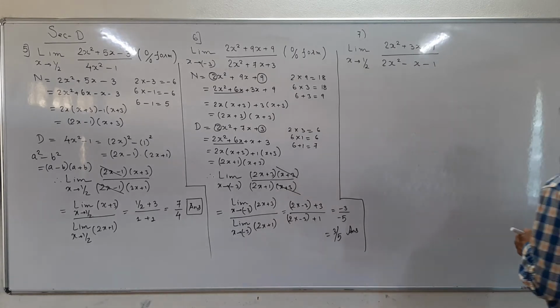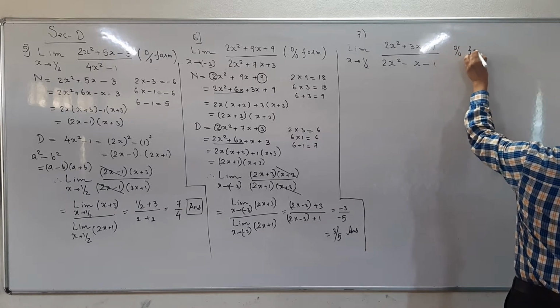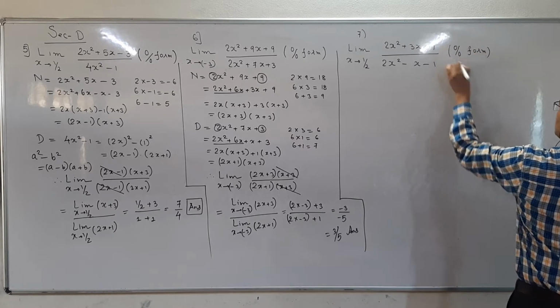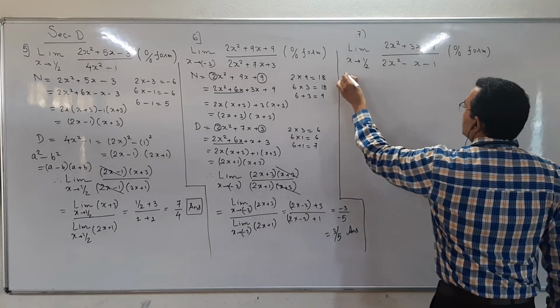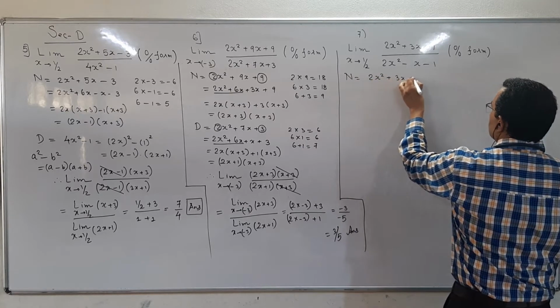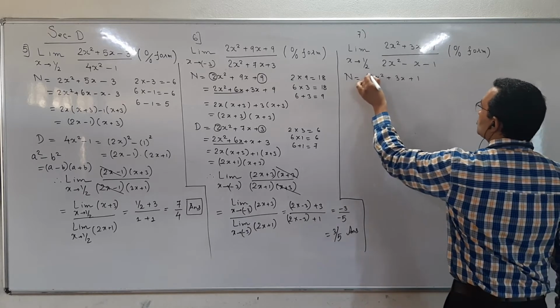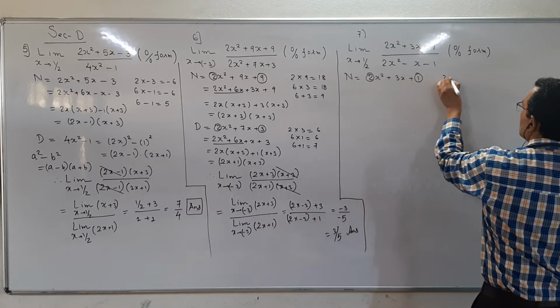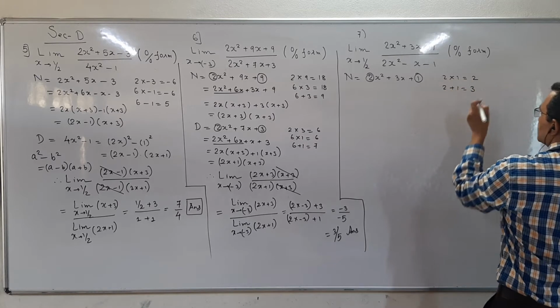Okay, again this will be 0 by 0 form. All the sums of factorization will be 0 by 0 form. So simplifying the numerator, 2x² + 3x + 1. The two ones are 2, and 2 plus 1 will give us 3.